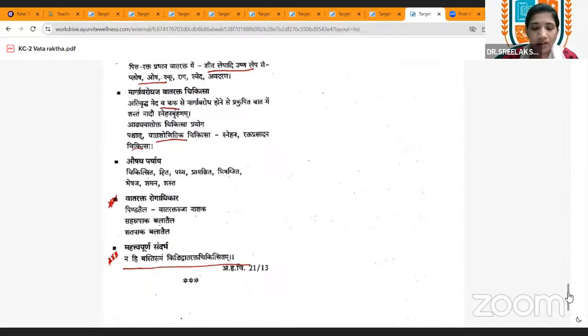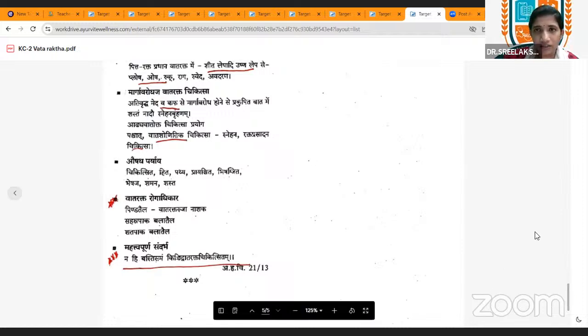Kokilaksha Kashayam. That is "Krita abhyasa iva krodha." It is indicated in Vata Rakta. The "Krita abhyasa iva krodha" is mentioned in this Kokilaksha Niruha. Okay. So we have covered the Vata Rakta. Okay, Vata Rakta is an important topic.